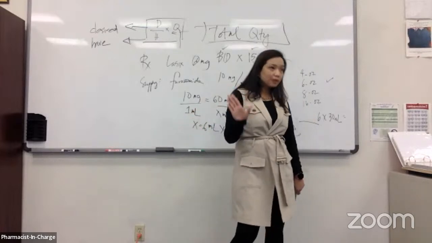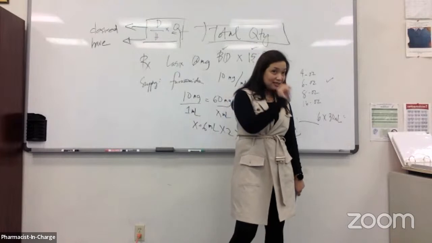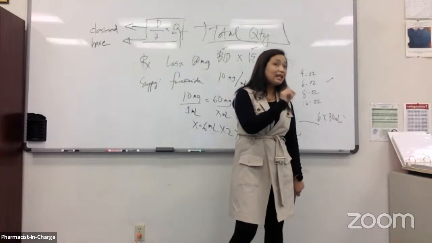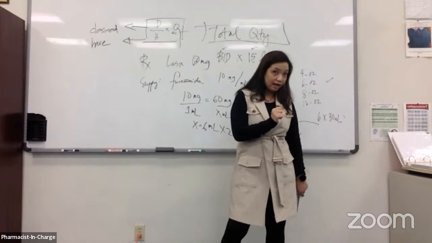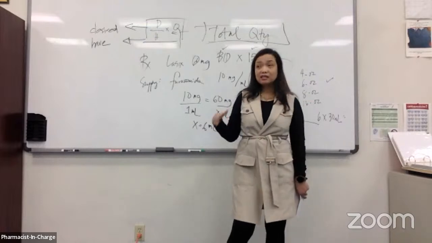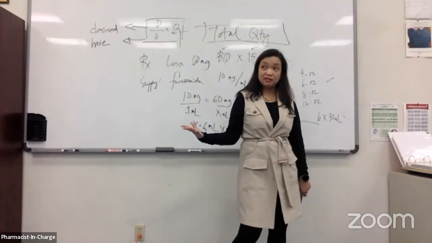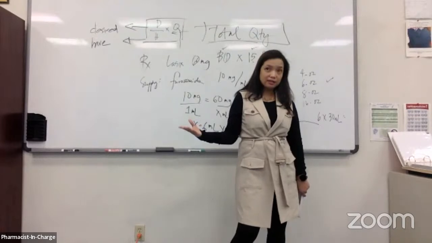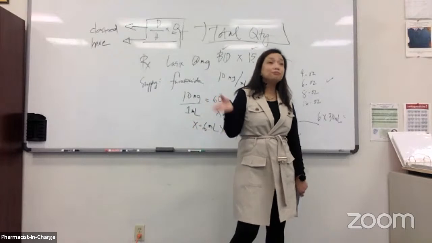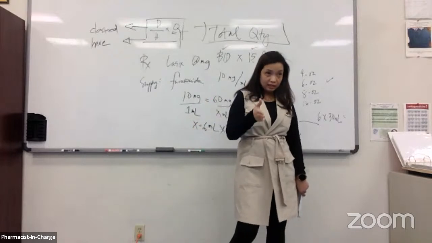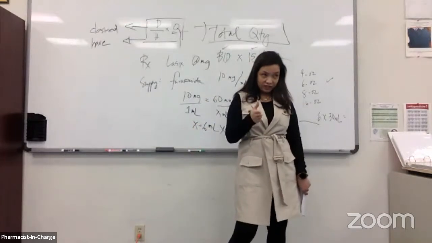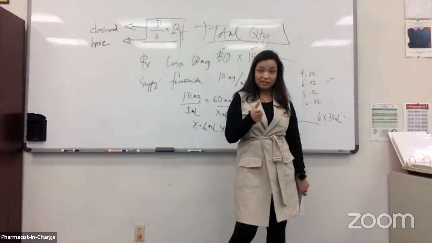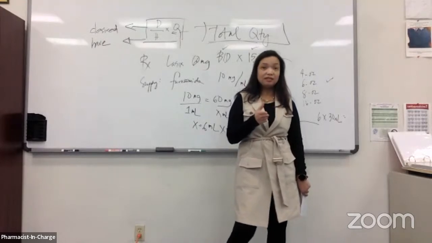So for compliance purposes, the smallest single dose that we'd like to give to the patient is 1/4 of a tab. And the max per dose should be 3 tabs. Another thing: there are tablets that should not be cut, chopped, or crushed. And what are these? This always comes up on the PTCE.